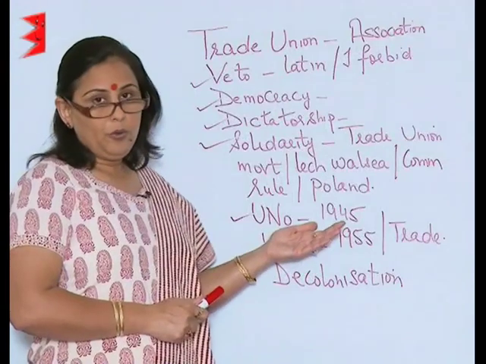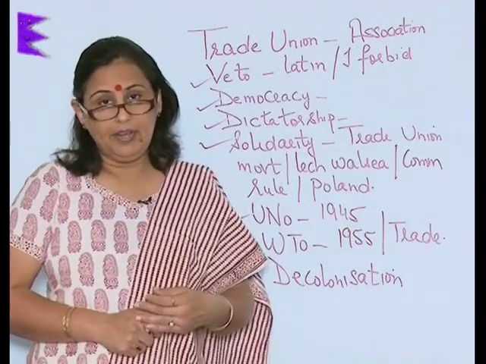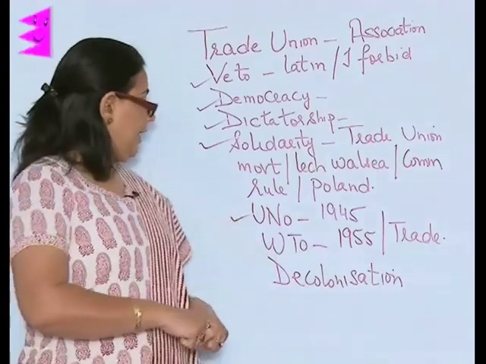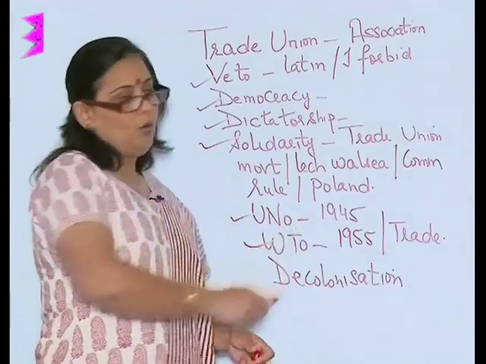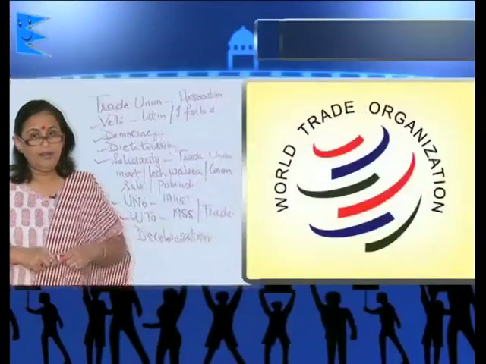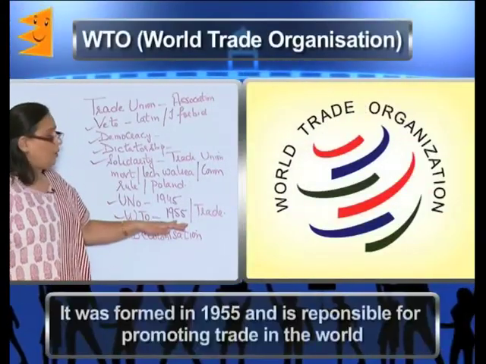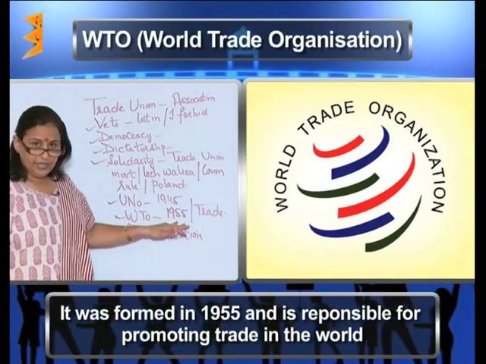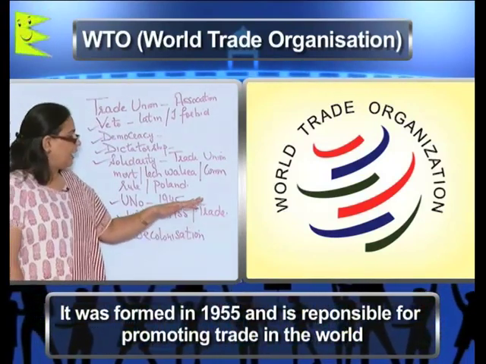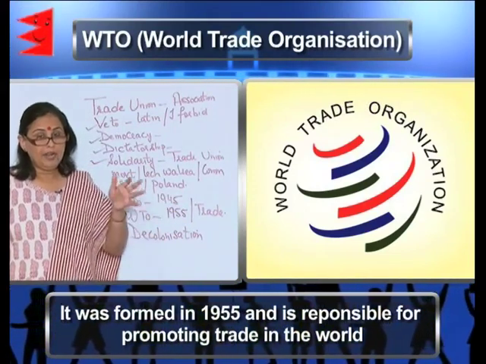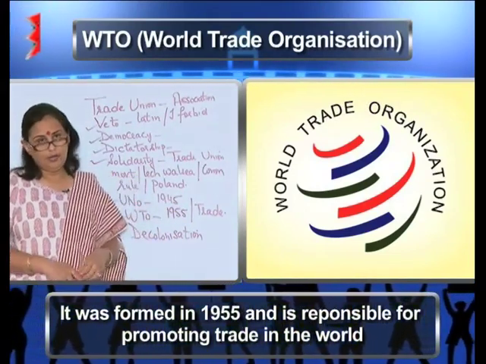By UNO, we try to maintain peace all around in the world. Next is WTO, that is World Trade Organization. This was formed in the year 1955 and this is responsible for promoting trade in the world.